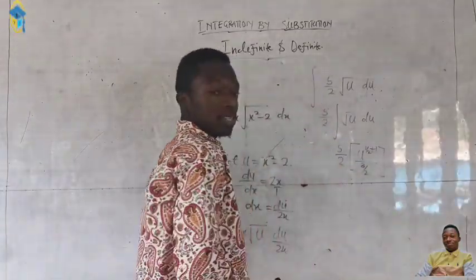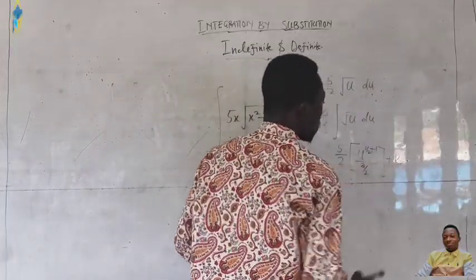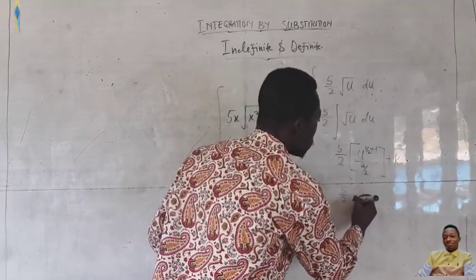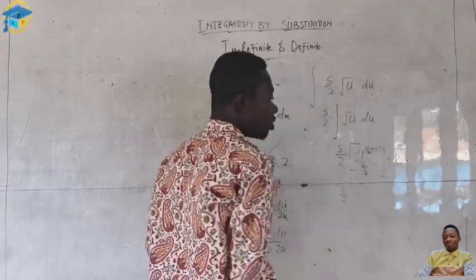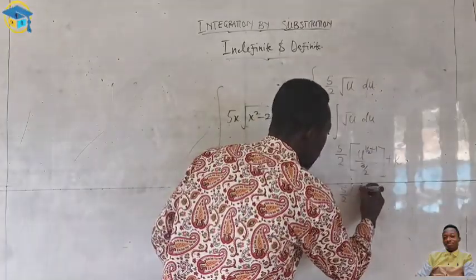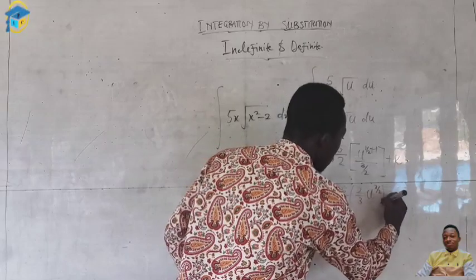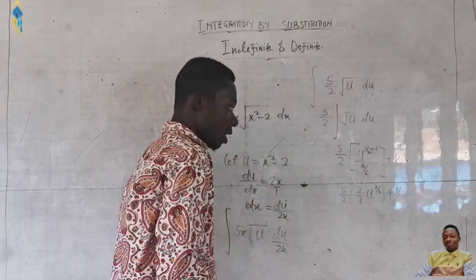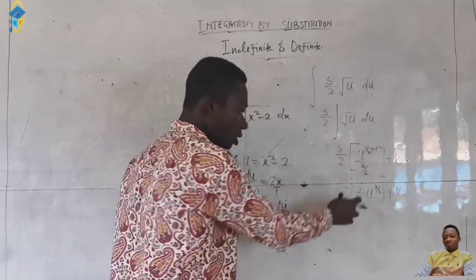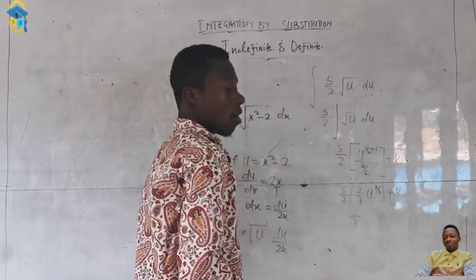Because this is an indefinite integral, I introduce my constant, plus k. Dividing by 3 over 2 gives 2 over 3 times u to the power of 3 over 2, plus k. Multiplying by 5 over 2, the 2 over 3 and the 2 cancel, leaving 5 over 3.